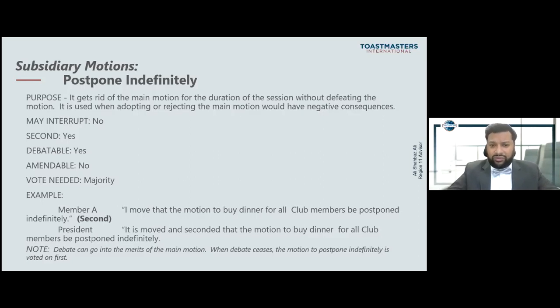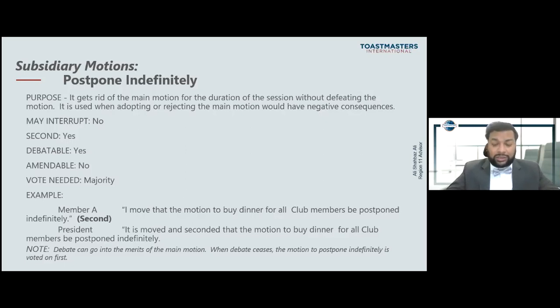So suppose a member has moved a motion, which is seconded, to buy dinner for all club members, but maybe you realized, or the member questioning this realized, that there is no money. The treasurer doesn't have money, or maybe it is the treasurer himself or herself. There is no money in the club. If this motion is adopted, I know there is no money.